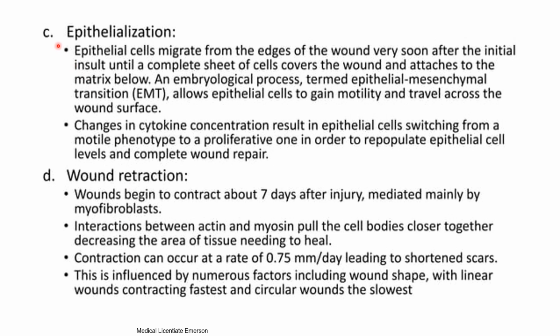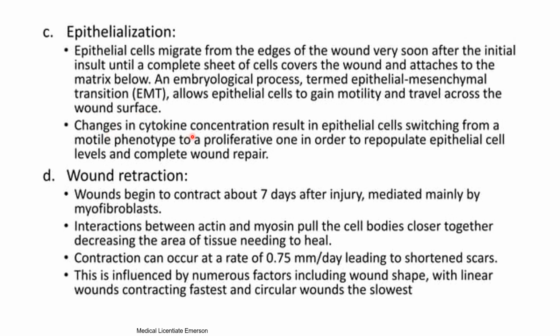Okay, then C, which is epithelialization. Epithelial cells migrate from the edges of the wound very soon after the initial insult until a complete sheet of cells covers the wound and attaches to the matrix below. An embryonic process termed epithelial mesenchymal transition, which is EMT, allows epithelial cells to gain motility and travel across the wound surface.